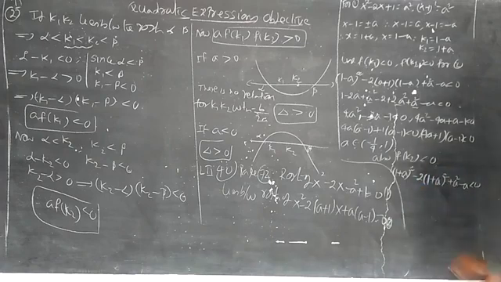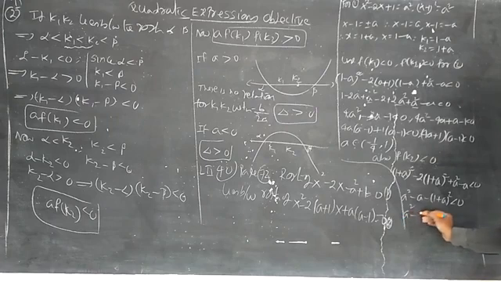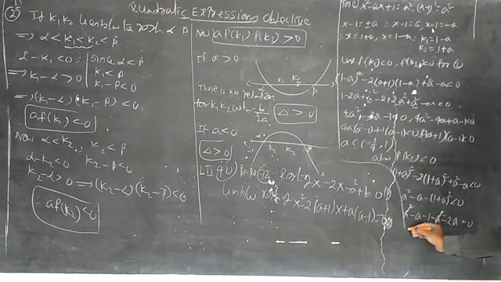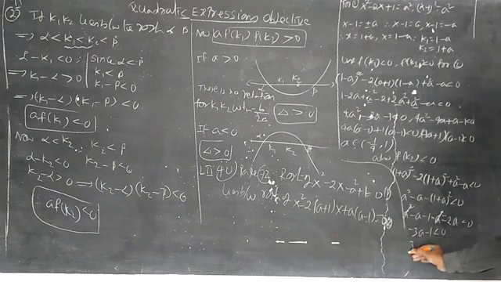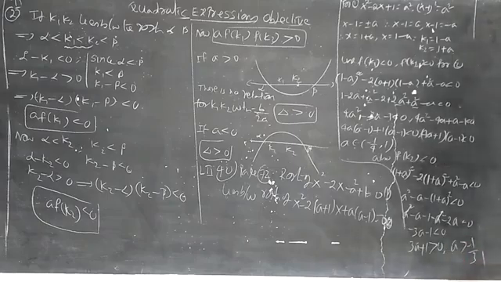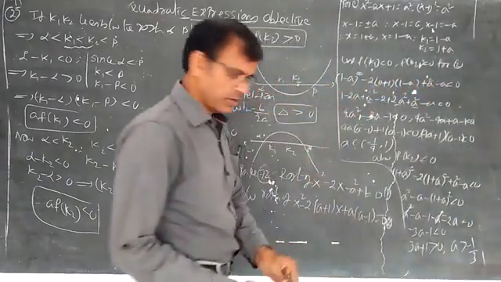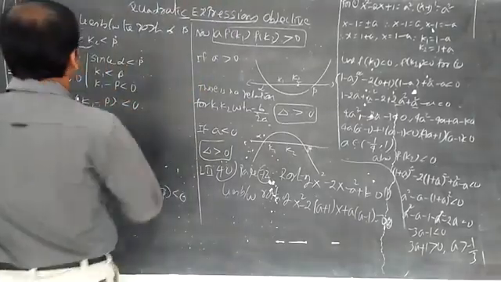So 1 plus a whole square minus 2 times 1 plus a whole square becomes minus of 1 plus a whole square. A square minus a minus 1 minus a square minus 2a less than 0. A square gets cancelled. Minus 3a minus 1 less than 0. Multiplying by minus 1, it becomes 3a plus 1 greater than 0. So a greater than minus 1 by 3. Now calculate the common denominator.